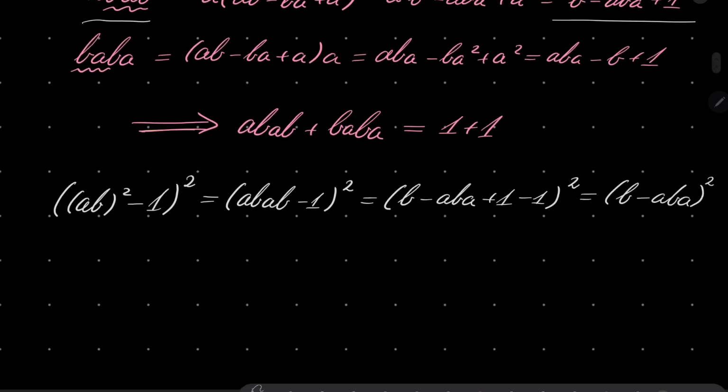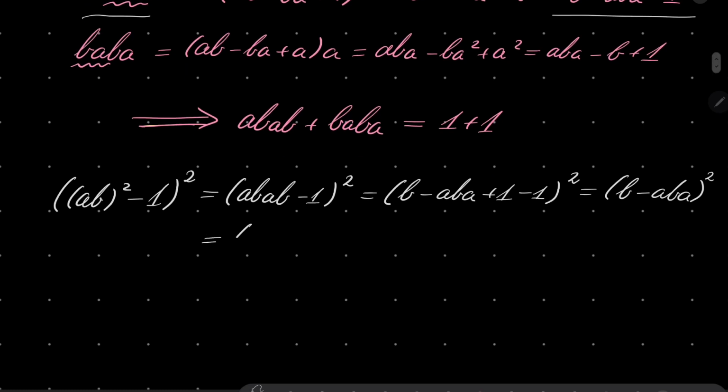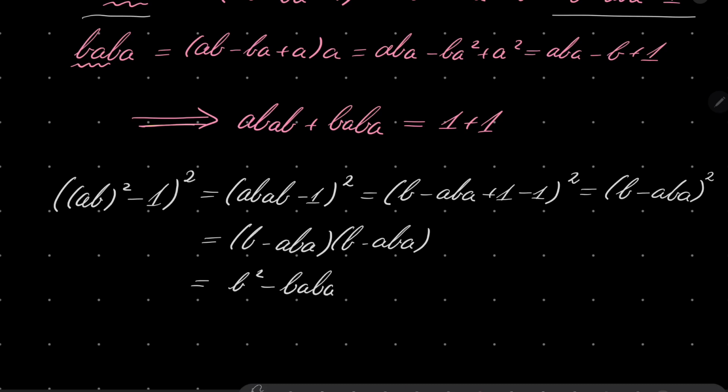Alright, and now let's do again the boring stuff, namely multiplication. So it's B squared minus BABA minus ABAB plus ABA ABA. And now let's see what can be done. First of all, B squared is 1.